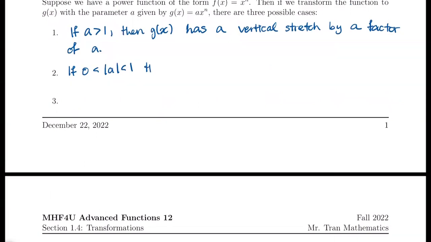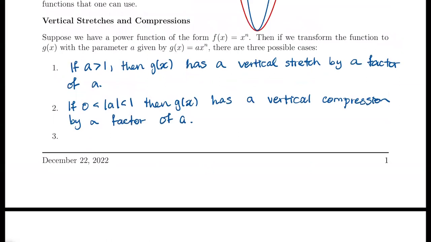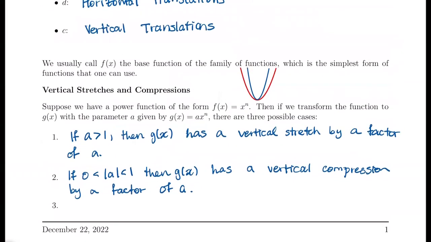Then g of x has a vertical compression by a factor of a. Basically the same story, but the y coordinates are going to be less than what we would get with the base function.